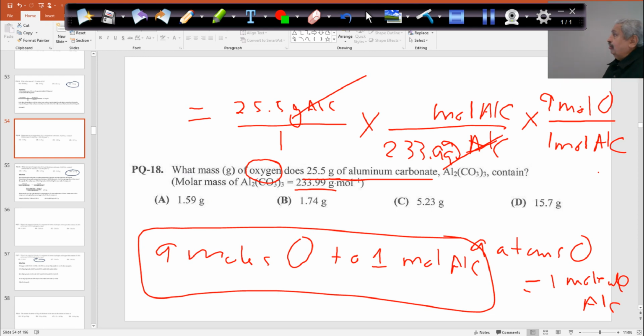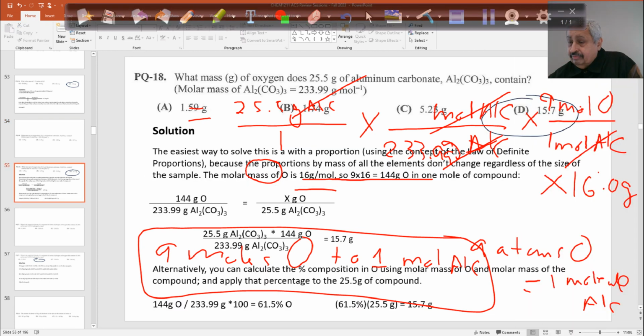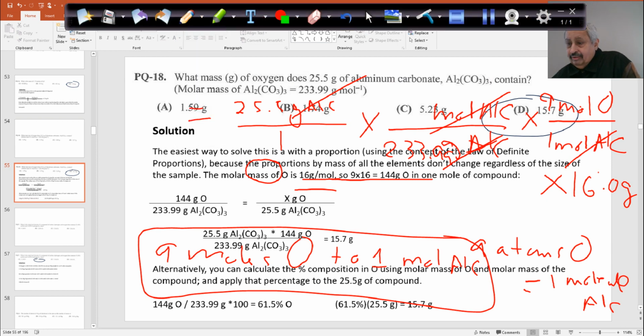So that's 1 mole of the whole compound, and the mole of compound cancels out. Now I need the mass. What's the atomic mass of oxygen? 16.0 grams of oxygen per mole of oxygen.